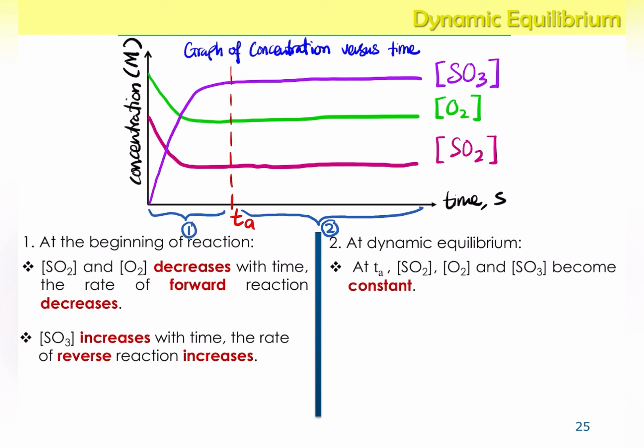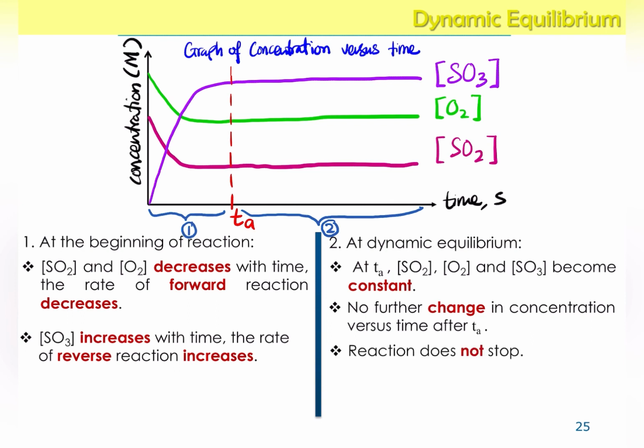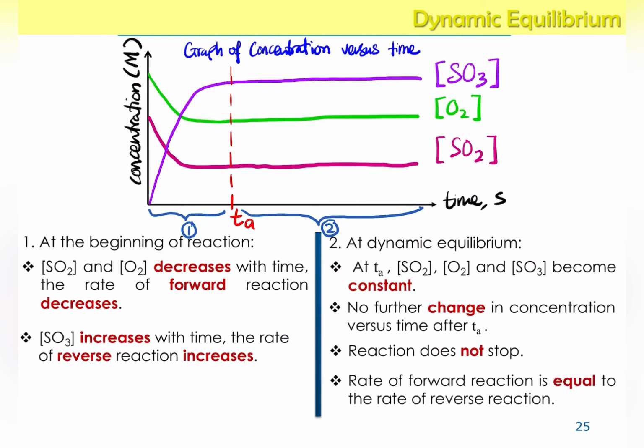It means constant. So the second point, there will be no further change in concentration versus time after TA. And you have to understand this is a reversible reaction. It means that the reaction does not stop and will obey one last requirement for dynamic equilibrium, where the rate of forward reaction is equal to the rate of reverse reaction. So these are the points that you have to use and write when describing the graph that you sketched.